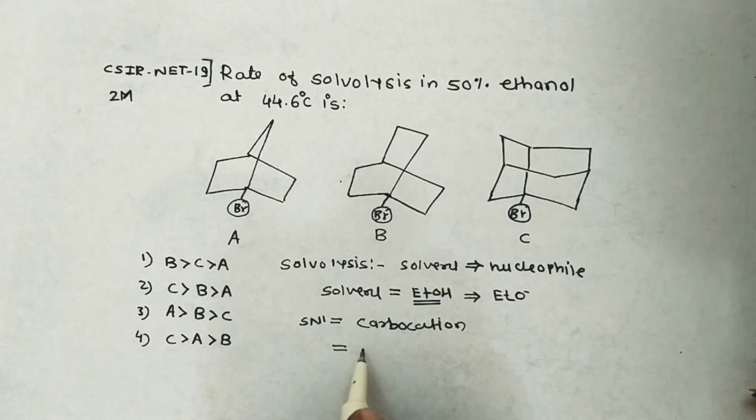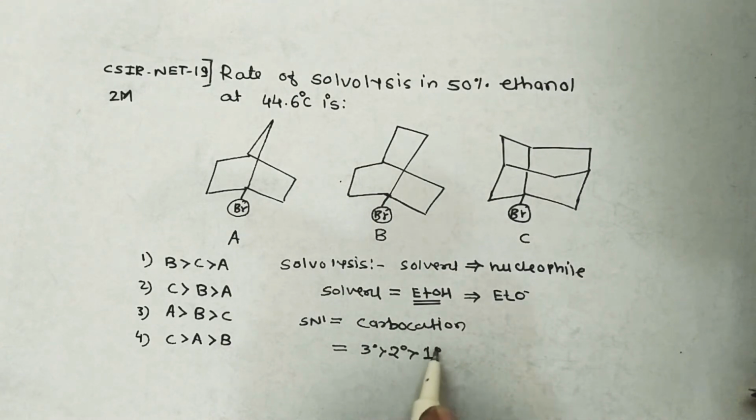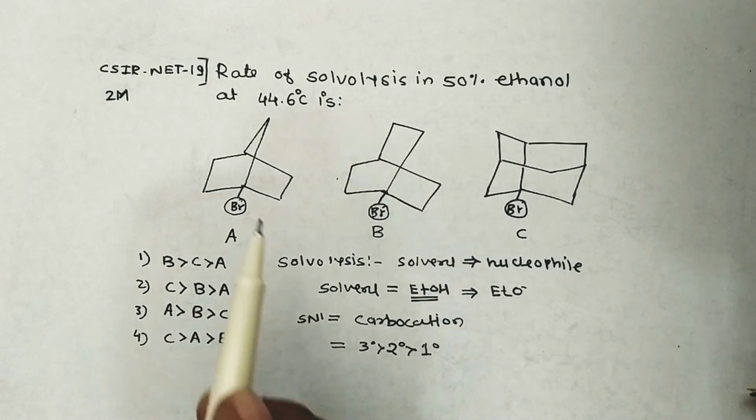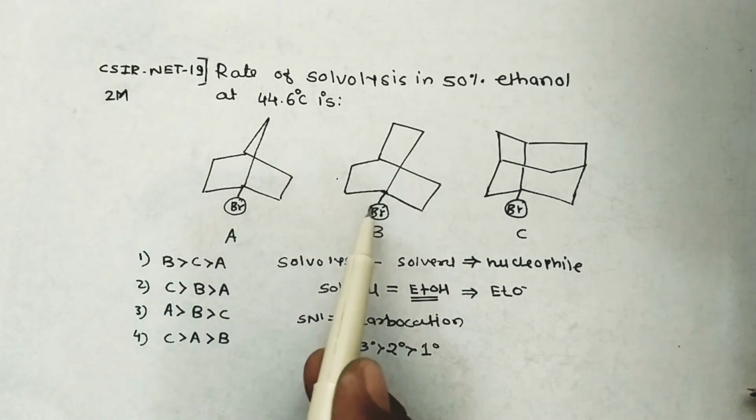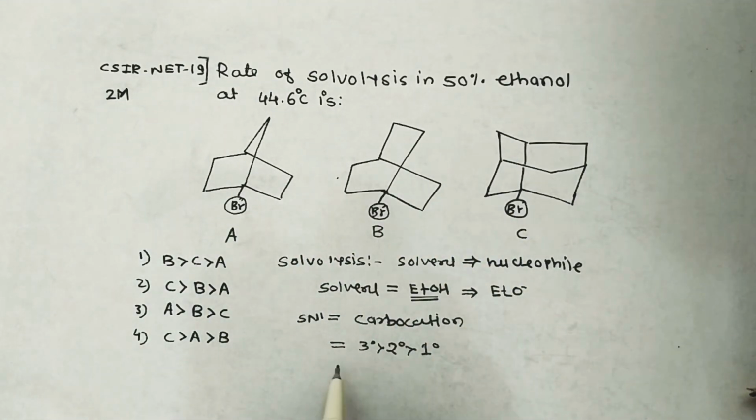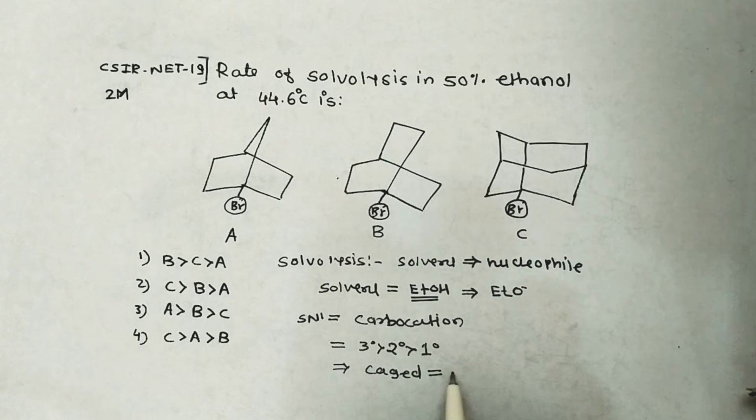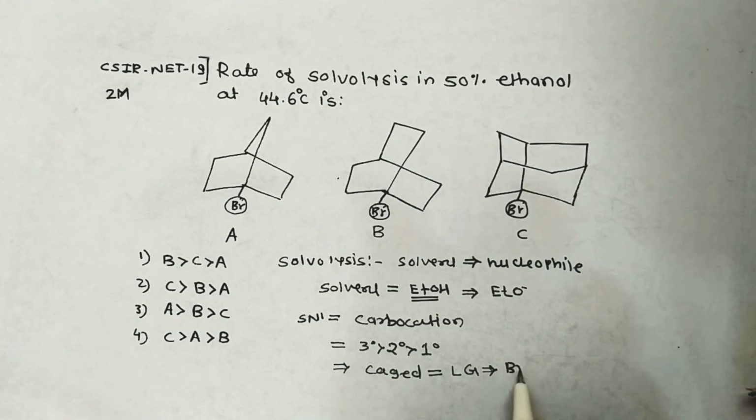And we know that the stability of carbocation is tertiary more stable than secondary more stable than primary carbocation. But in these structures, the leaving group is attached to a bridgehead position because these are cage structures, and in the cage structures the leaving group is given at the bridgehead position.